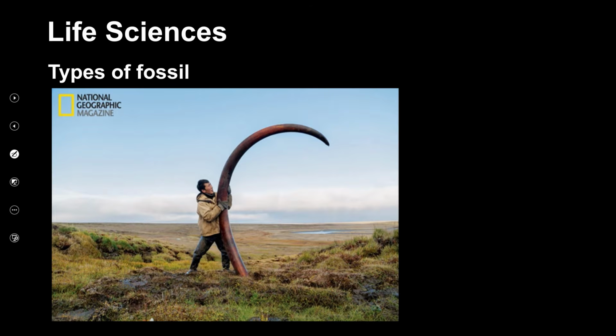And in this exact same situation, this is a picture of a man, and that is a mammoth tusk. And as the ice is melting in Siberia, many of these mammoth tusks are actually being exposed, and people are going out collecting them and then giving them to museums or selling them. But boy, isn't that rather large?